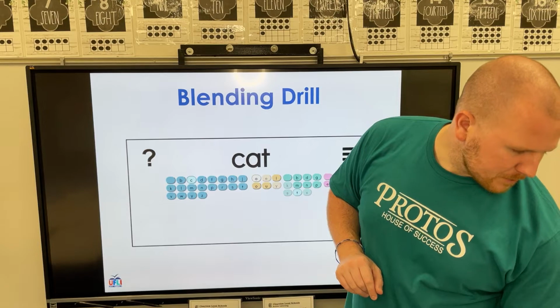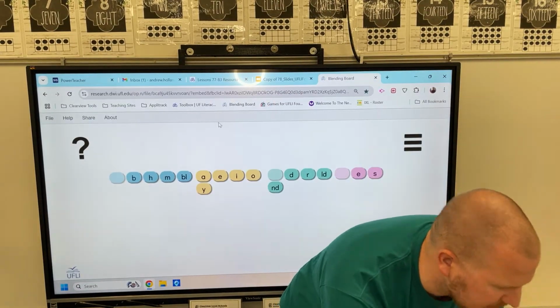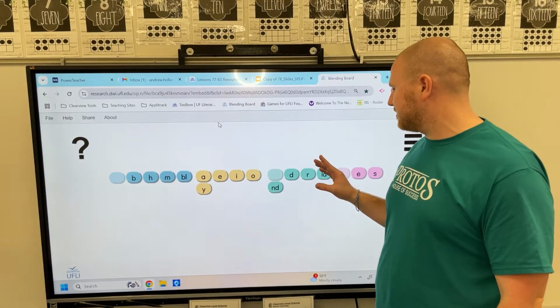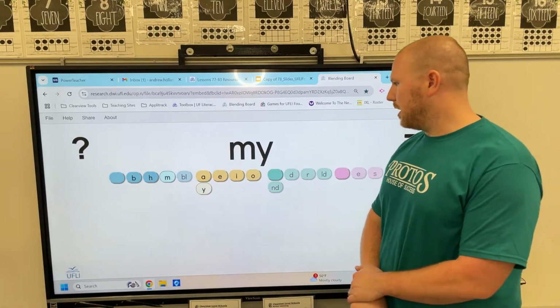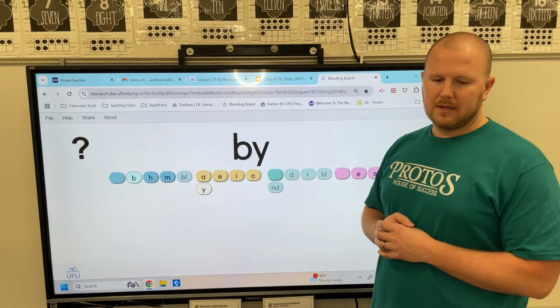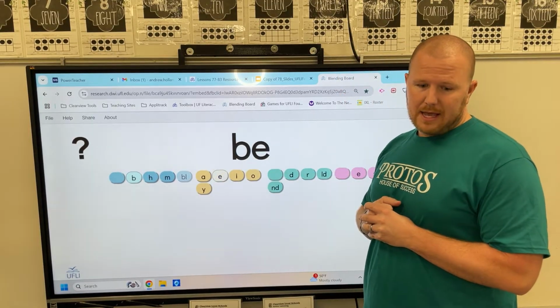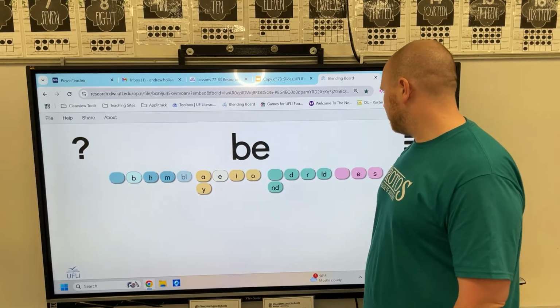Moving on. Blending drill. So, let me get my blending board out, and we're going to simply read off what we've got here. So, first word is my. What about this? These are like high frequency words, actually. What about this? B. And what about? Really, they don't have that one up there?